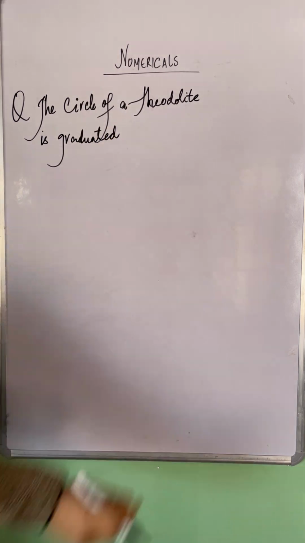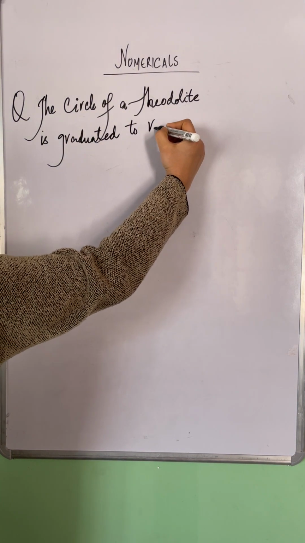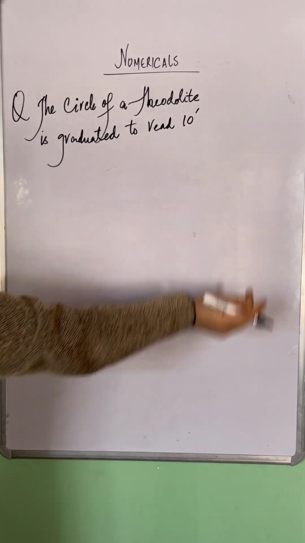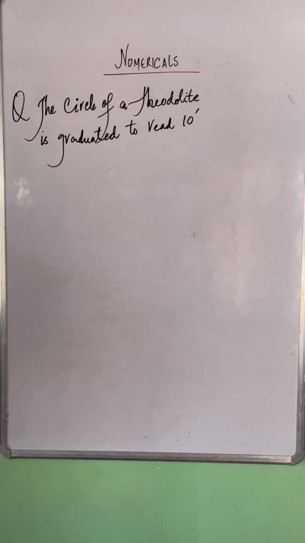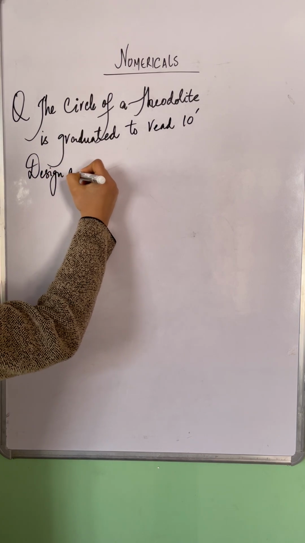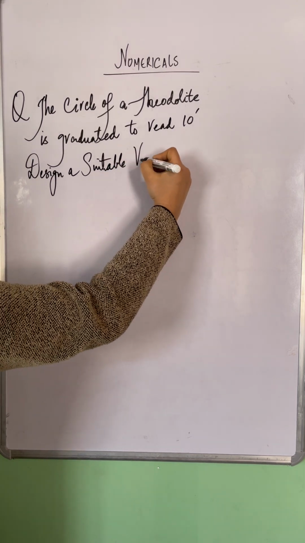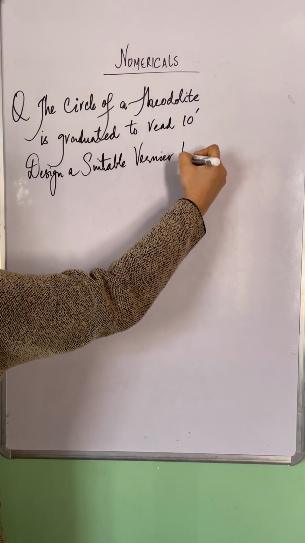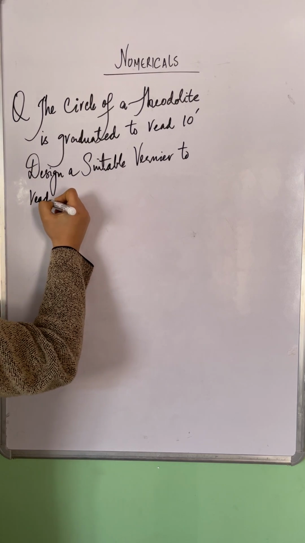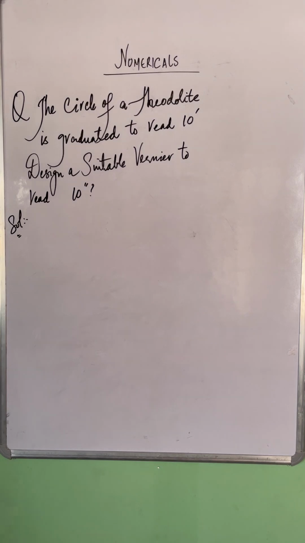The question is, the circle of a theodolite is graduated to read 10 minutes. We have to design a suitable vernier to read 10 seconds.